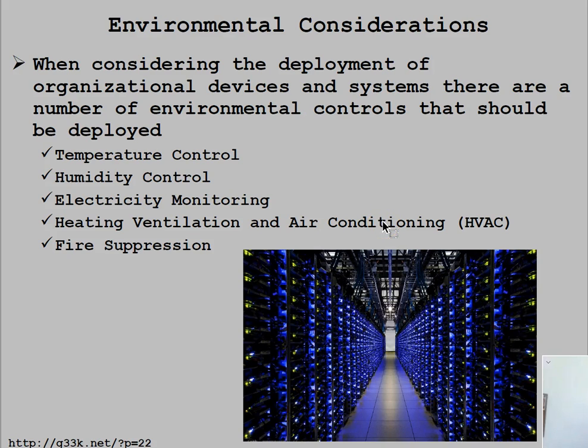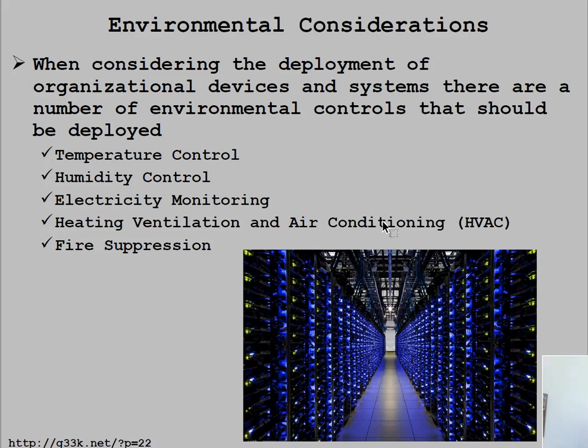When we talk about environmental considerations here, there's a lot of things that come into play. And one of the most important things could be the selection of the facility. So whenever we're going through and looking at certain things, we want to make sure that we consider the things that are on the overhead here.